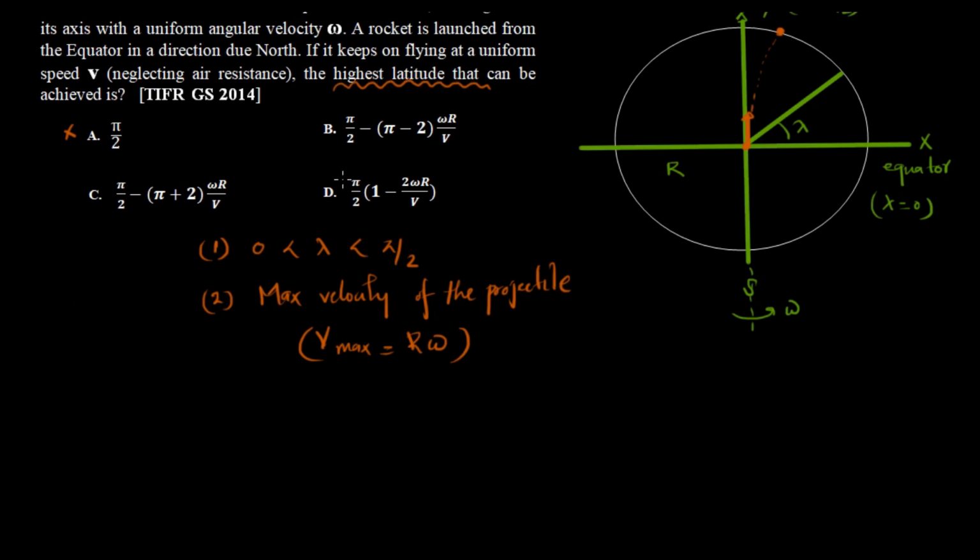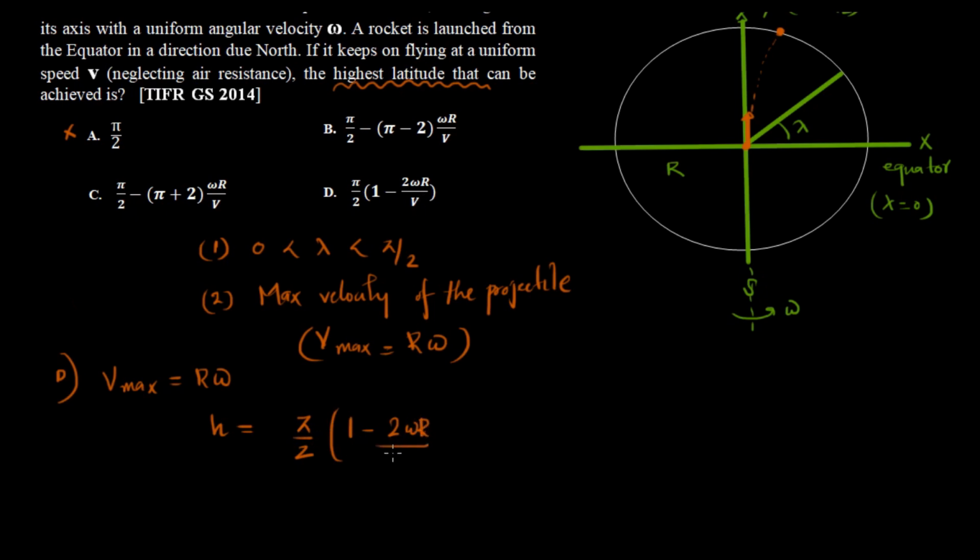First I'll check option D. Let's say the maximum velocity v is equal to r omega. The highest latitude h will be equal to pi by 2 times 1 minus 2 omega r divided by v.